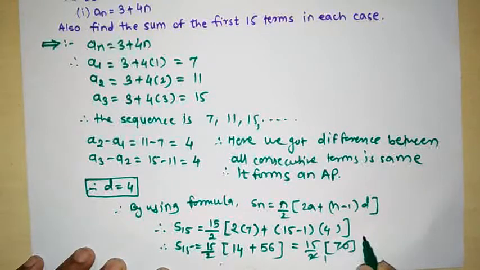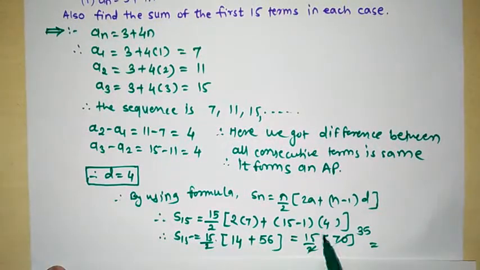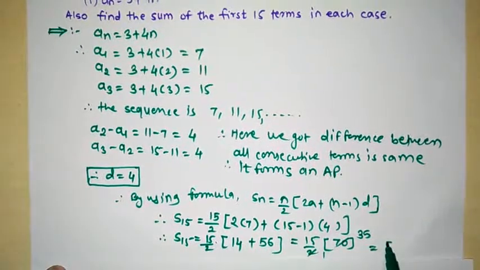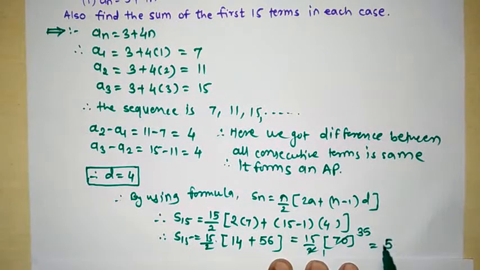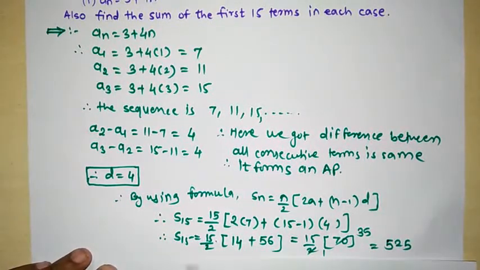Now 2 ones are 2, 2 thirty-fives, 35 will come. Now 15 into 35, how much? Calculate it. 15 into 35 is equal to 525. We got 525 here.